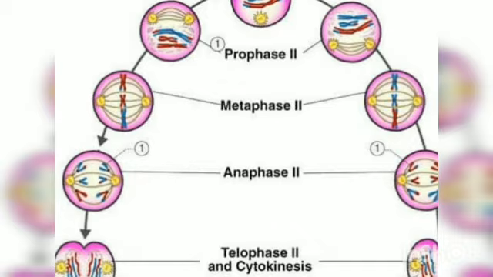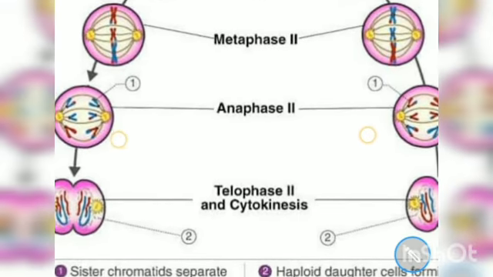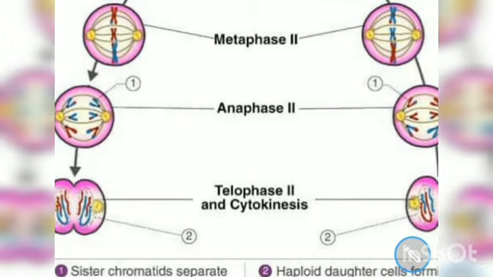Next is telophase 2, and during that phase what happens? The chromosomes again return to the opposite end, that means the terminal end. Here 4 nuclei are formed. Each nucleus is haploid and hence different from the original diploid nucleus.